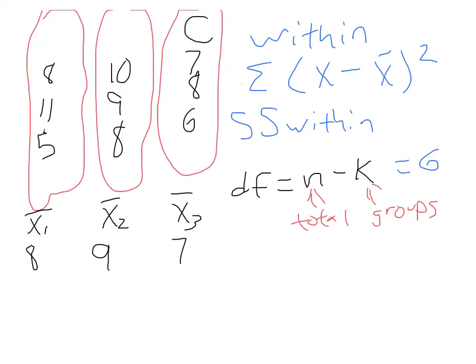Okay. So now since we have the within, let's look at what between is. If I took the overall mean of all these values, this will be considered the grand mean. The grand mean has a symbol x bar bar.